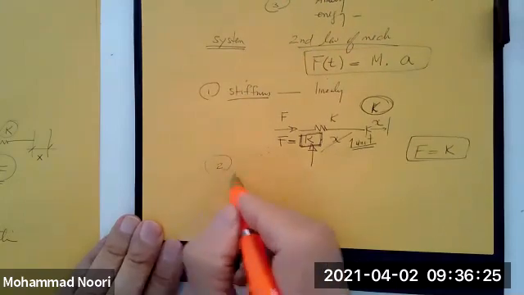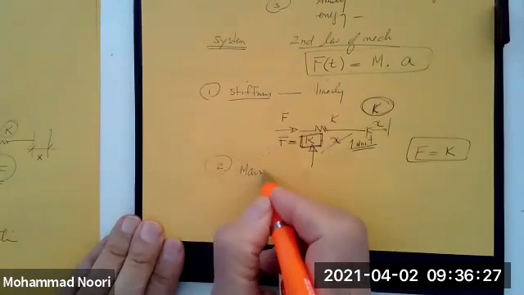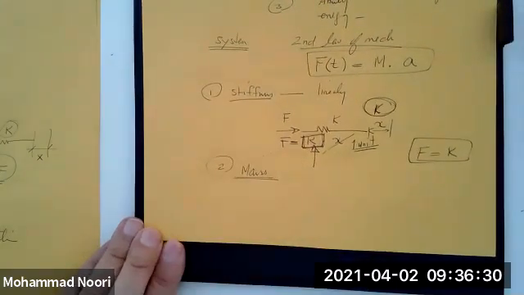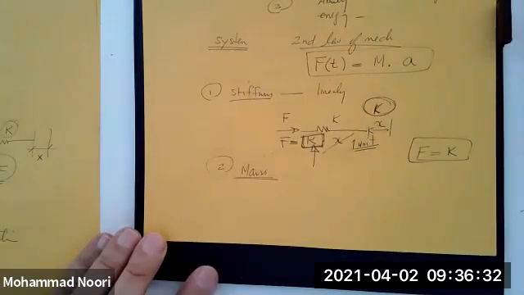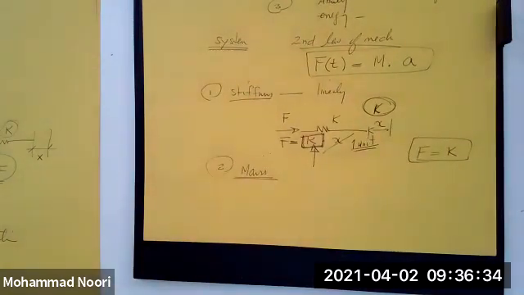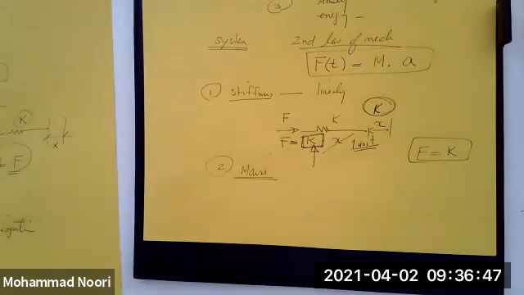The second element is the mass. Mass is the easiest component of a system to identify because you can directly measure it. It is that component that resists the gravitational acceleration.